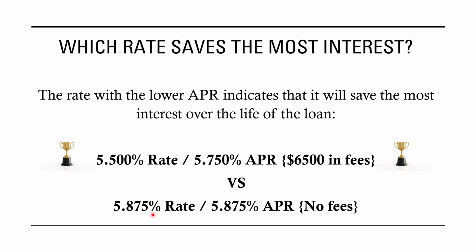And just because this one has no fees does not mean it's the best one for your scenario. You need to talk to an experienced, licensed mortgage loan originator to help you determine which rate is going to work best for your scenario.